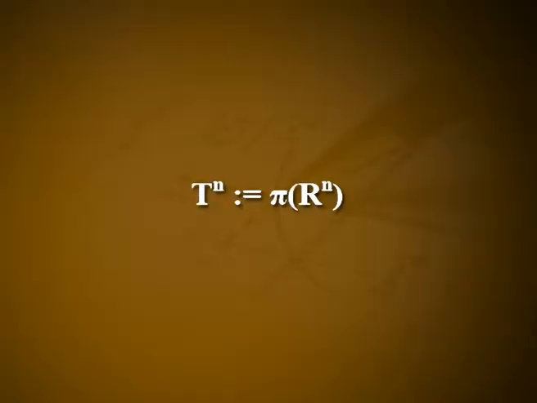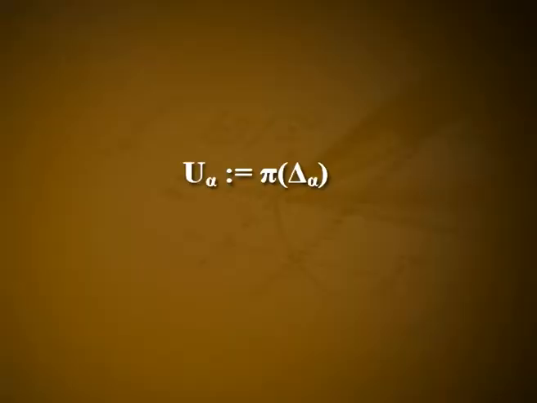The torus T^n = pi(R^n) can then be made a differentiable manifold of dimension n as follows. Suppose Delta alpha is open and does not contain any pair of equivalent points. We put U alpha = pi(Delta alpha) and x alpha = pi restricted to Delta alpha, inverse.